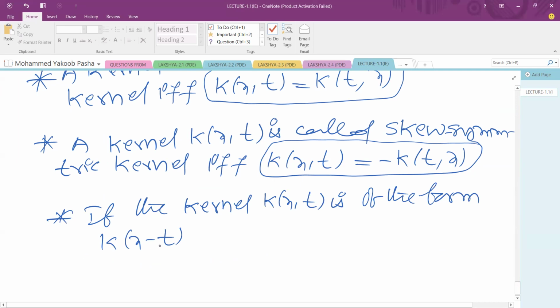Then this kernel is called a convolution kernel of the integral equation.